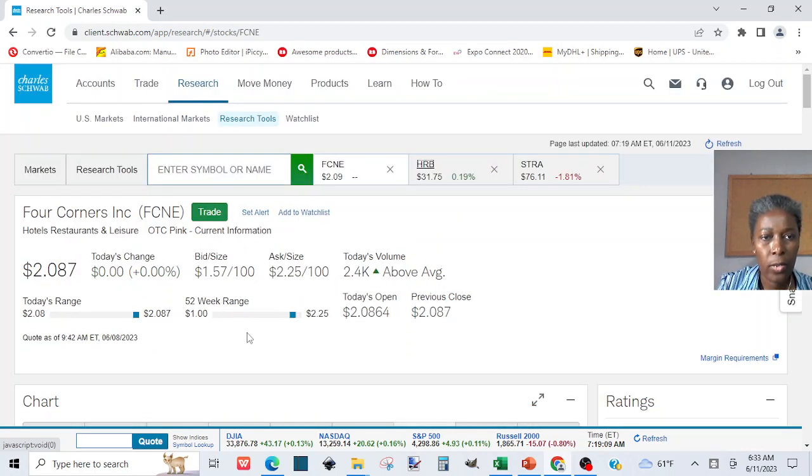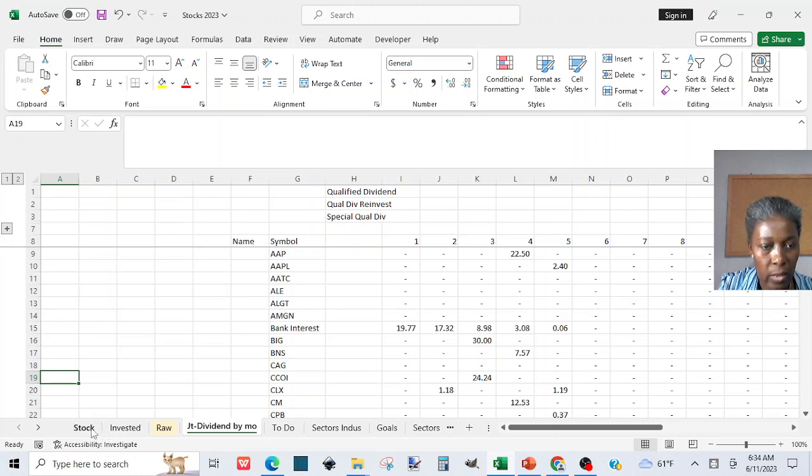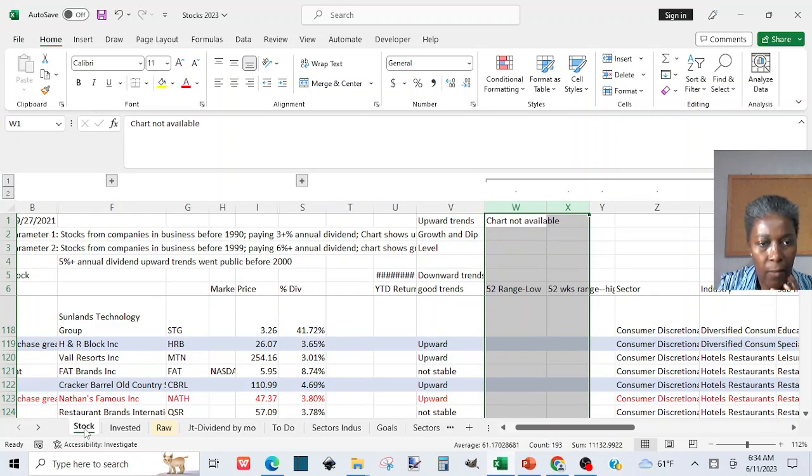And Four Corners Inc., you can see, is selling first on the OTC. OTC is selling over the counter. Therefore, we are going to eliminate it. It doesn't pass that requirement. And if it's on your spreadsheet, you can just leave it on the spreadsheet. Let me see. I don't even know if I have it on the spreadsheet.